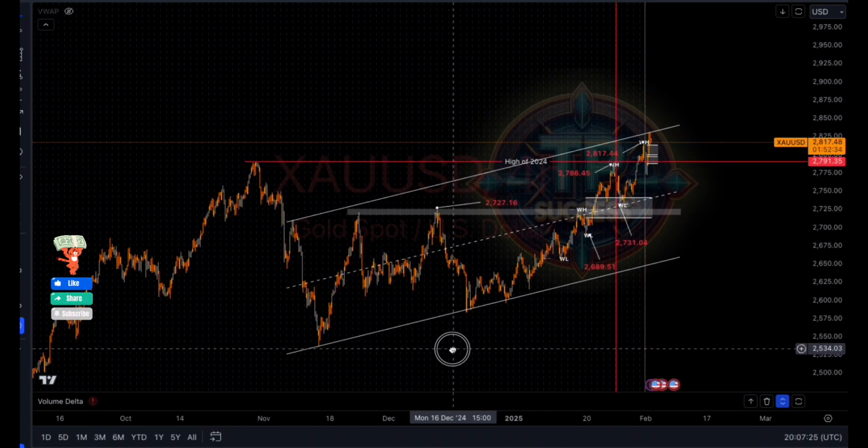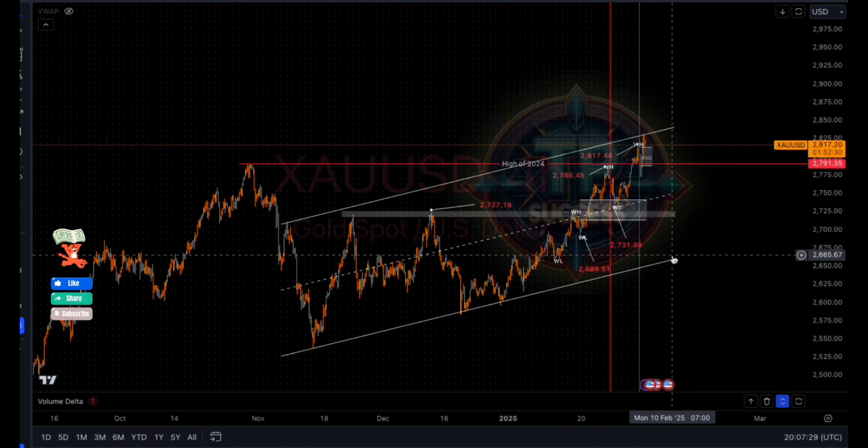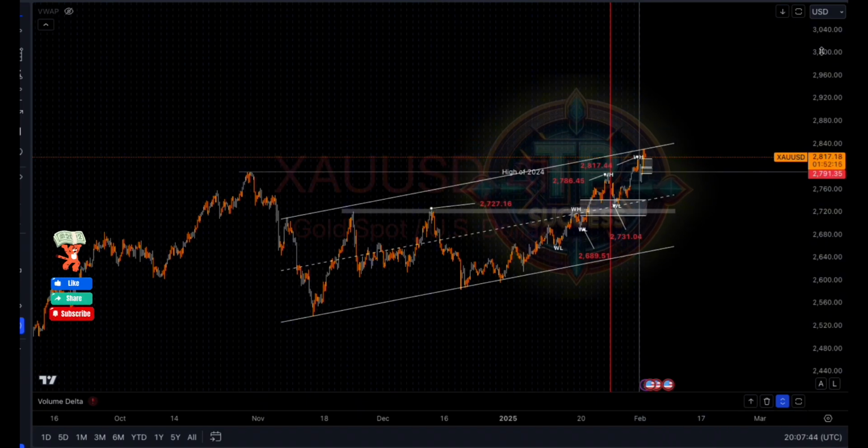What I do think is more plausible and more logical is gold flying all the way down to around this level over here of 266.0, 0.40, and then it pushing up again to try to get to 3k, which I've been telling you about. This is where gold actually wants to go, and I've been telling you about this since last year, 2024.